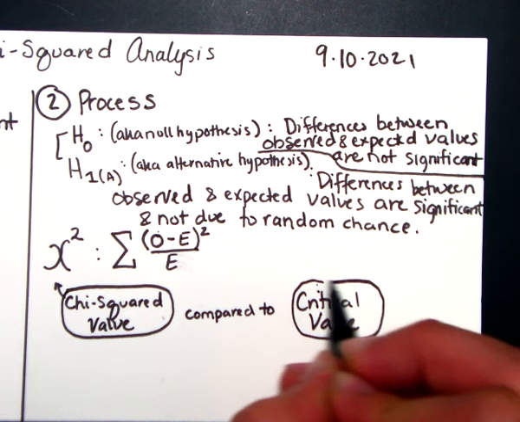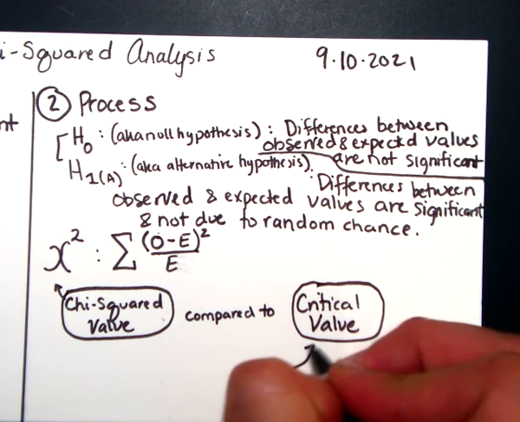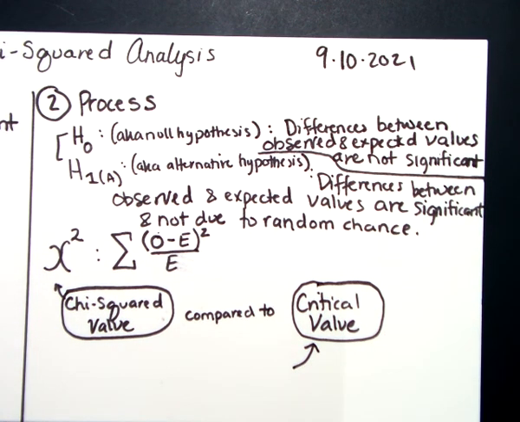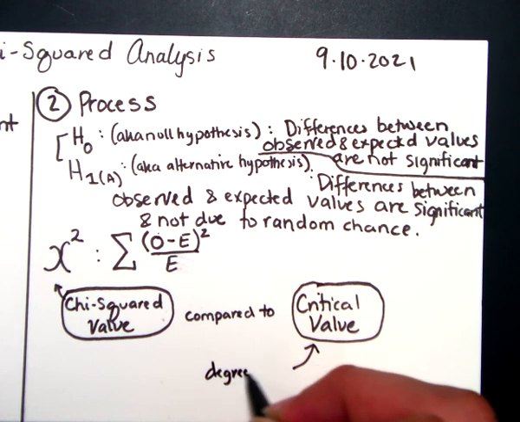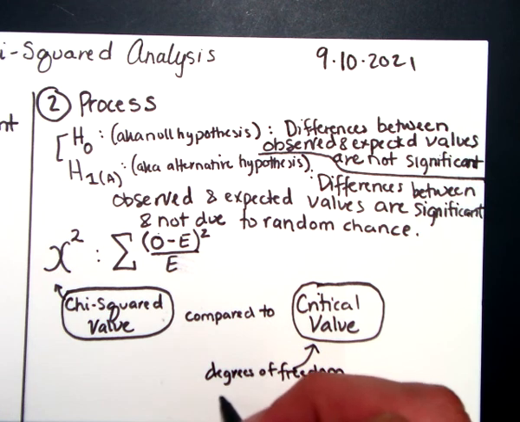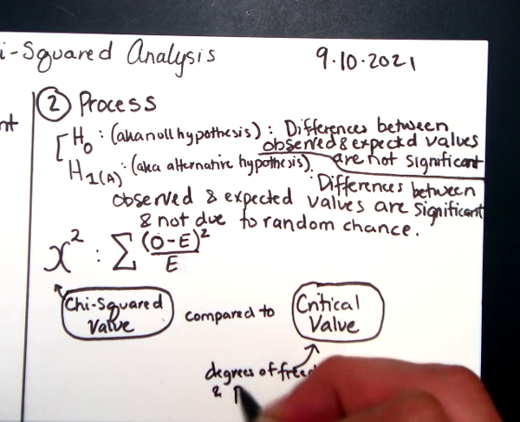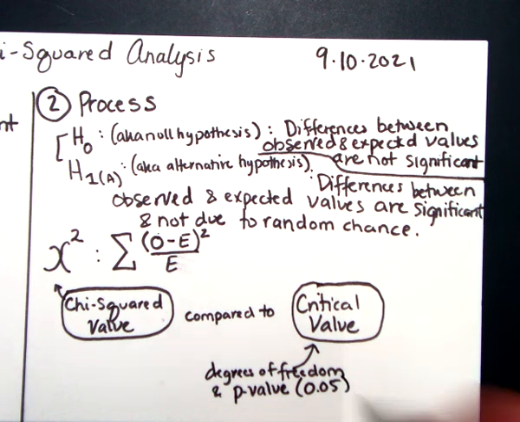Critical value. Now, a critical value is a value that is based off of two things. It's based off something called degrees of freedom and a p-value, which most of the time is 0.05.